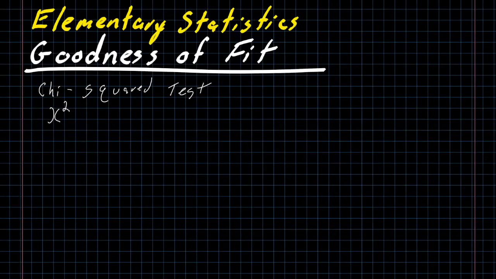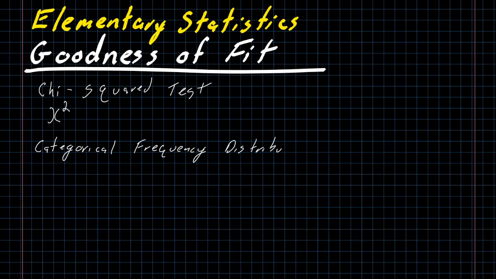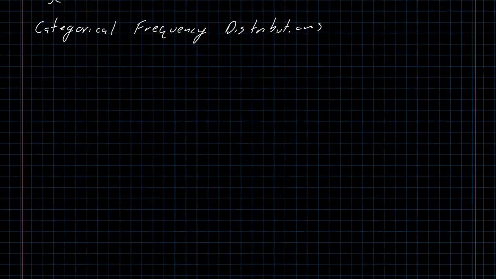All right, so we're looking at that chi-square table, and we're going to be using it in this instance to look at categorical frequency distributions. So in order to talk about a categorical frequency distribution, in order to talk about the goodness of fit test, we need a frequency distribution.